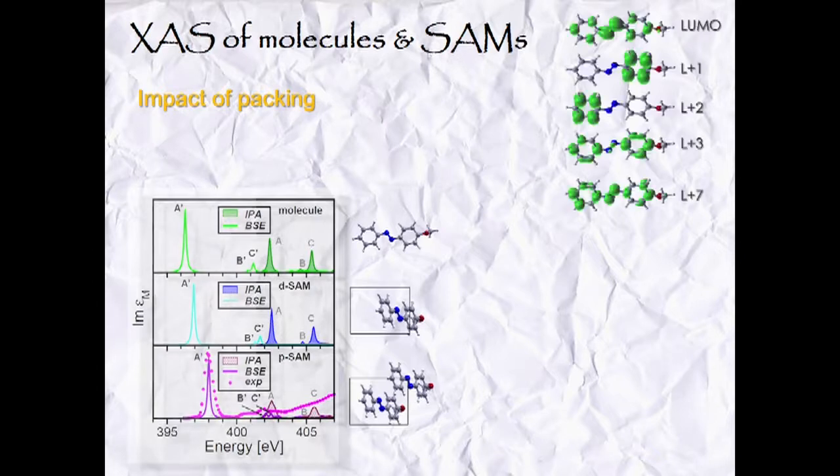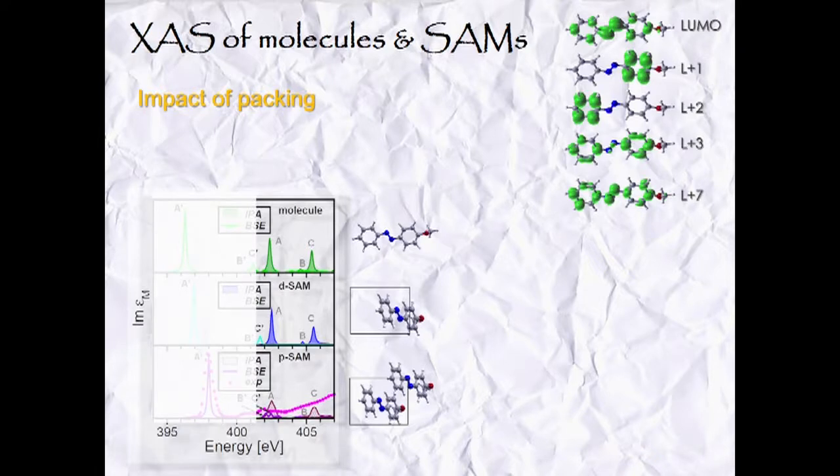But first of all, let's take away the Bethe-Salpeter equation and just look at the independent particle approximation. Also, it's not correct because it doesn't account for exciton binding, but we can learn quite a bit from this picture. What you see here are the Kohn-Sham orbitals for the LUMO, LUMO plus 1, LUMO plus 2, LUMO plus 3, LUMO plus 7, and so on. And I would like to point out what the character of this excitation is.